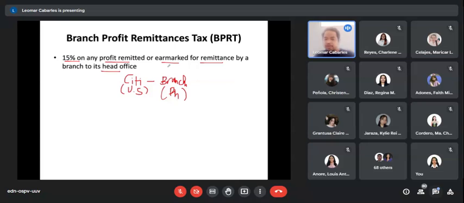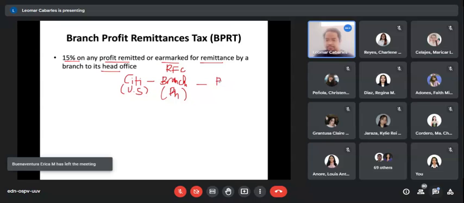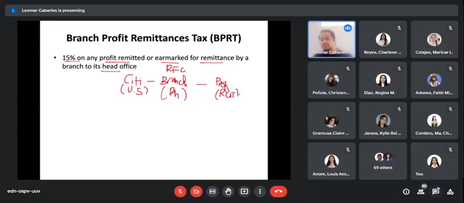Etong branch na to, dahil branch nga siya, this is a resident foreign corporation. So pag may income siya, subject to sa RCIT. Profit. Or kung FCDU yan, then yung tax rule sa FCDU. Okay, so yung profit niya.